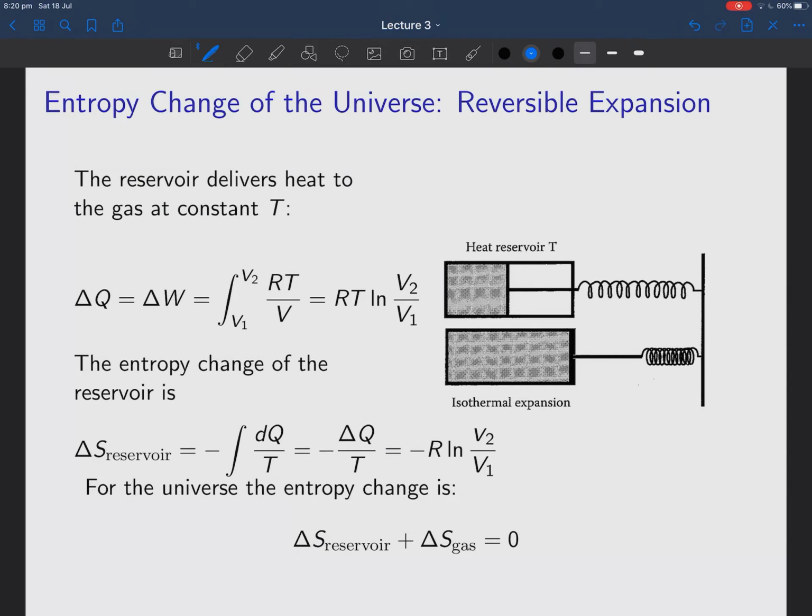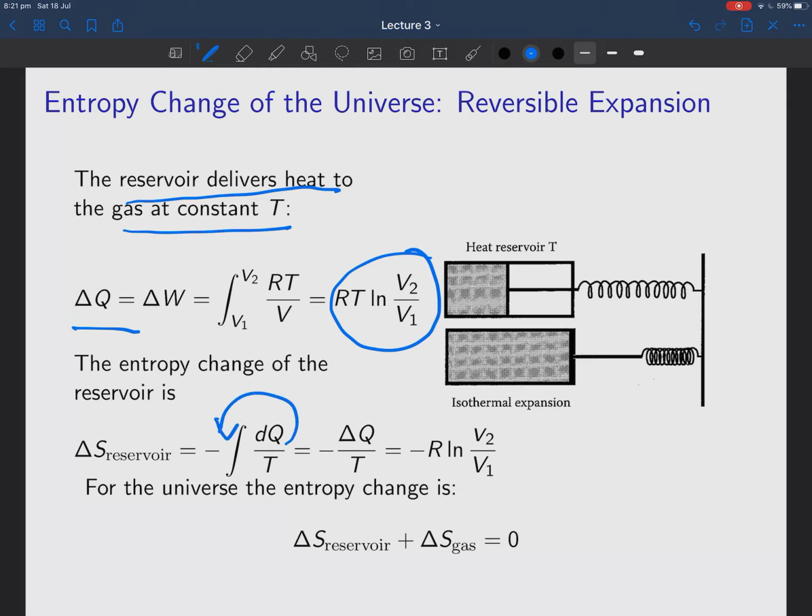Entropy change of the universe. Now that's more interesting. Let's do the entropy change of the reservoir first. The reservoir delivers heat to the gas at constant temperature, so it has an amount of heat sucked out of it, which is equal to this. So the entropy change of the reservoir is minus dQ on the temperature of the reservoir.